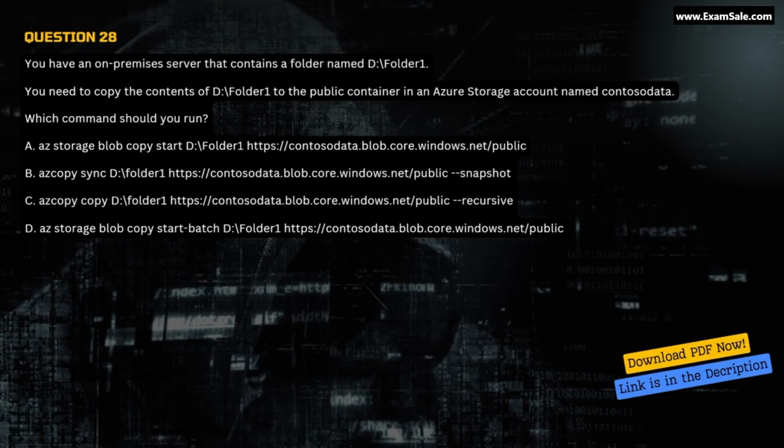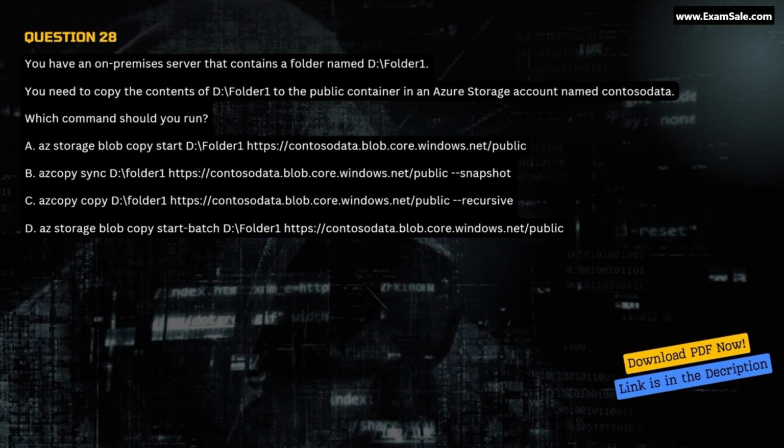C. azcopy copy d:\folder1 https://contosodata.blob.core.windows.net/public recursive. D. az storage blob copy start batch d:\folder1 https://contosodata.blob.core.windows.net/public.